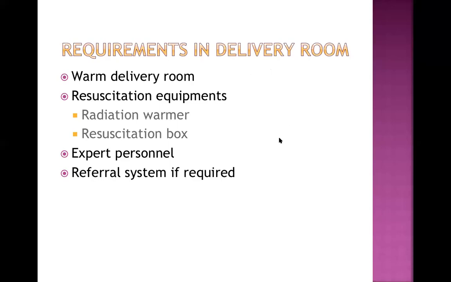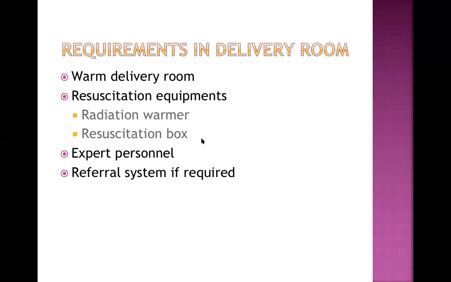You just listen. This resuscitation box has a lot of the necessary instruments and medicines which we need during resuscitation. One of them is the ambu bag, which is absolutely correct. Another is the laryngoscope. Another is the endotracheal tube, which should be there in different sizes. The ambu bag should be connected with the mask.